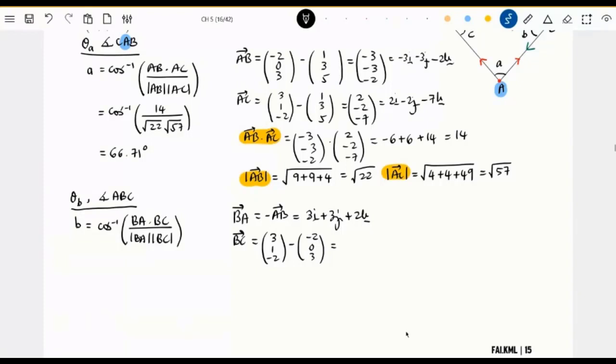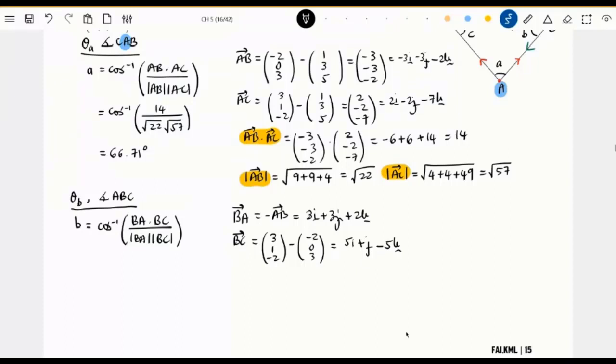Okay, BC kita apa? Position vector for BC. 5, 1, -5. So we put directly to be position vector 5i, j, and then minus 5k. Betul? Dapat? Dapat, Miss. Okay.